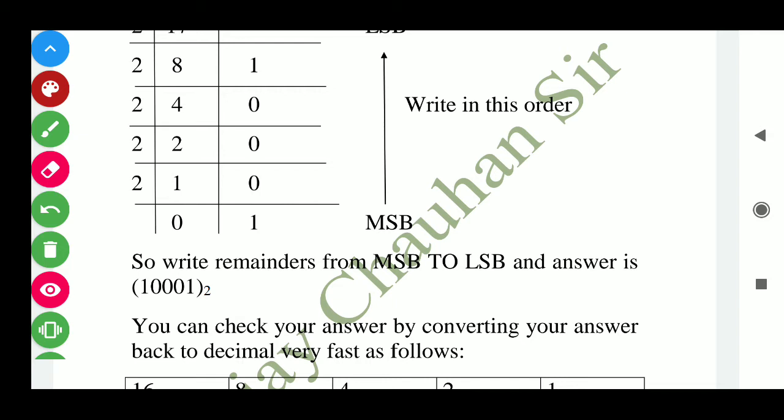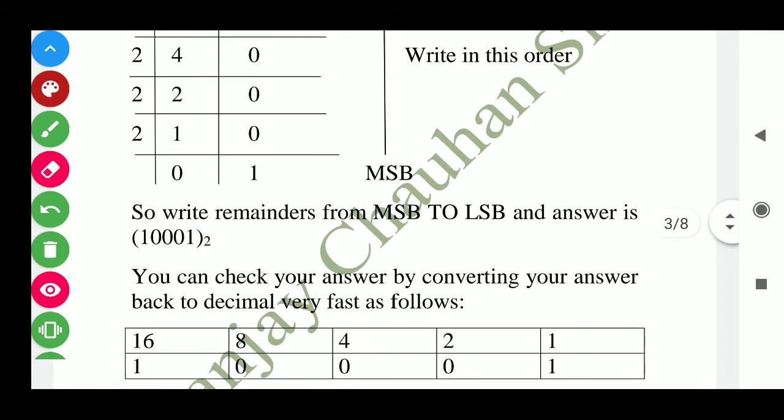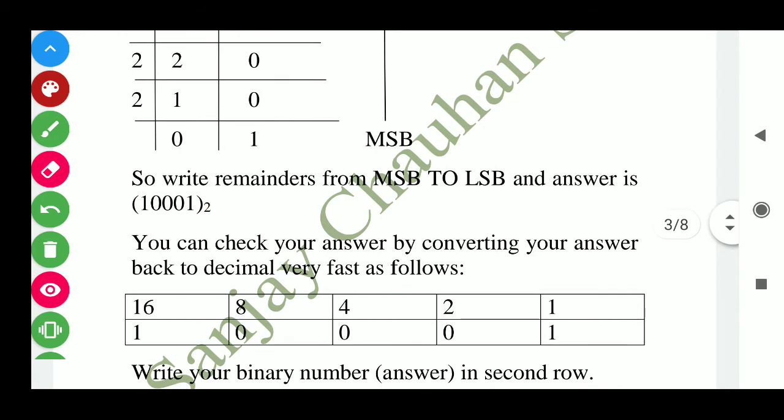Understood? So you can check your answer by converting it back to decimal very fast as follows. Try to understand how to check whether 10001 is the correct answer. If we convert 10001 to decimal again, then we should get 17. I will show you this table. You write your binary number in the second row, 1 0 0 0 1.